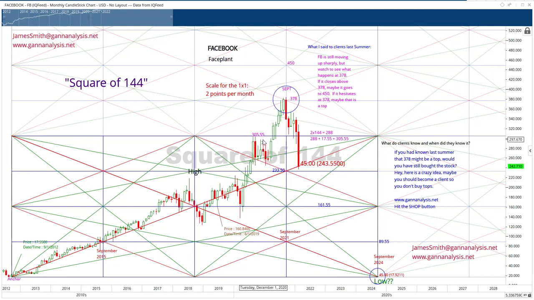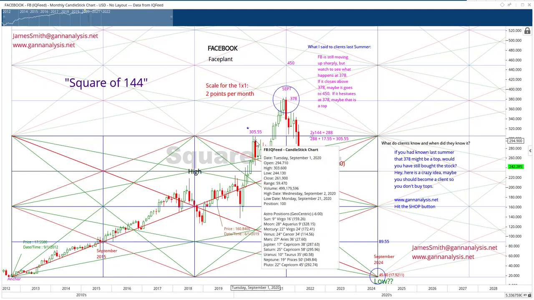But what we have with Gann is something that's not based on opinion. It's based on science. I know it's a hard concept to get used to because the talking heads in the media never want you to use science. They want you to listen to their opinion. But I don't want you to listen to my opinion. I want you to listen to the markets.